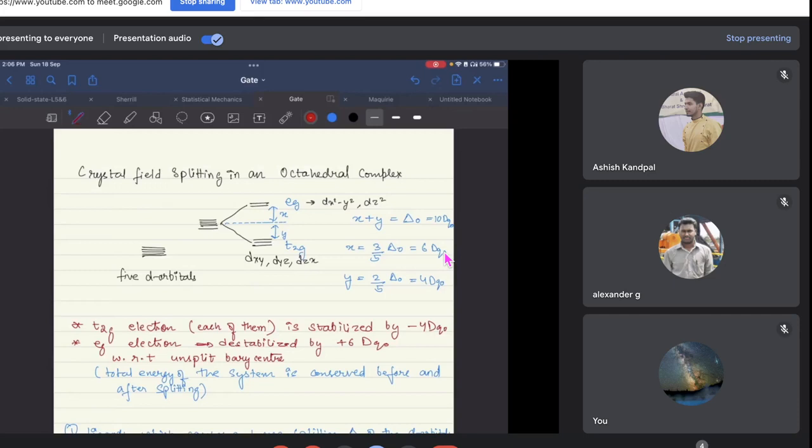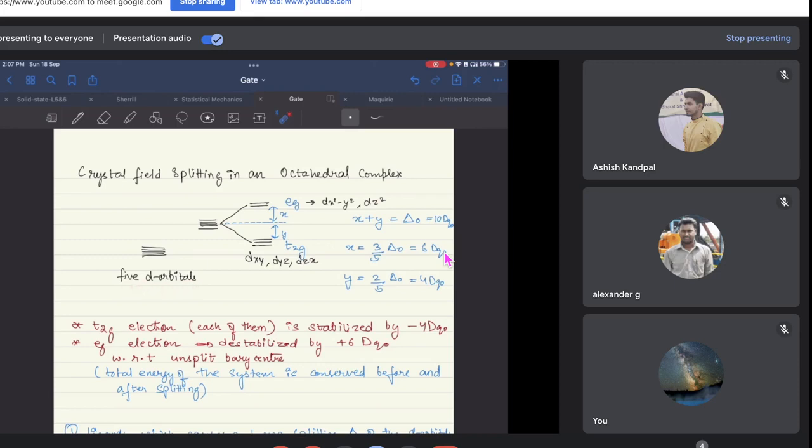So to solve the given question, let's move into some basics, that is, the crystal field splitting in an octahedral complex. It is denoted as when the 5 degenerate d orbitals have no interaction with the ligand, so it is in the ground state.